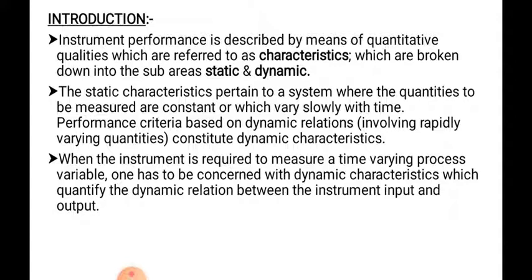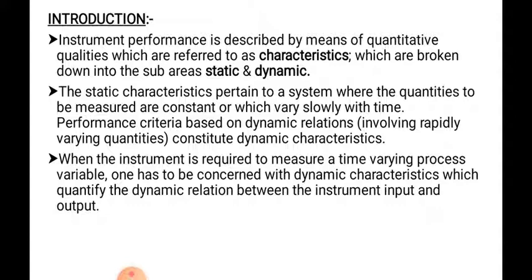Means for a small input the instrument gives a very rapid output with respect to time, and that time varying process variable will be studied by using the dynamic characteristics, by defining the relationship between the input and output.